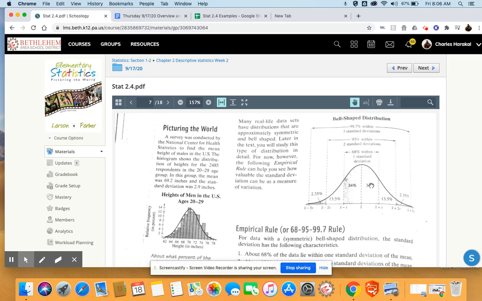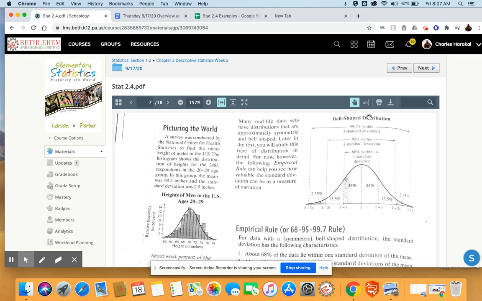68% of a population will fall within 1 standard deviation below and 1 standard deviation above the mean. As we move further out, 2 standard deviations in each direction, we're now at 95% of the population falling within those values. And finally, within 3 standard deviations, 99.7% of your population.